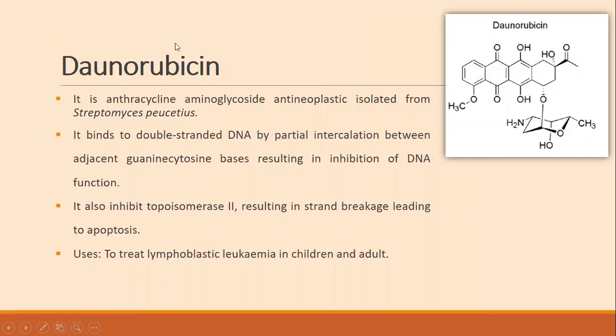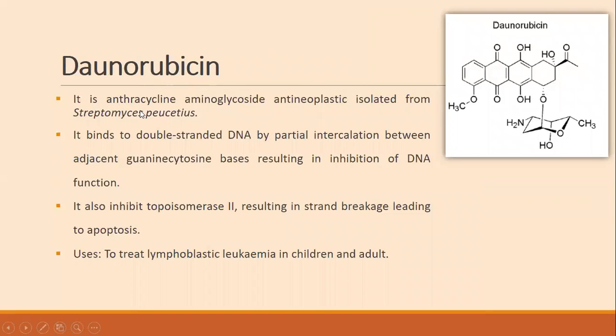This is the structure of daunorubicin. It consists of this anthracene nucleus, with a cyclohexane ring system fused to it. This is the glycosidic linkage, and this is the amino sugar portion. At this position an acetyl functional group is present, which forms the daunorubicin molecule.